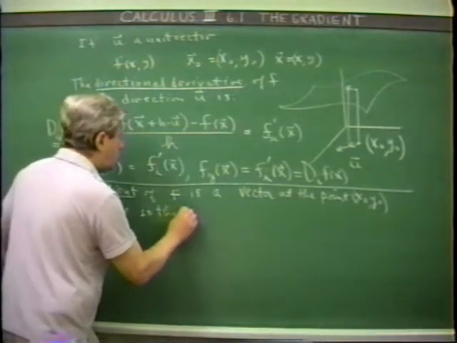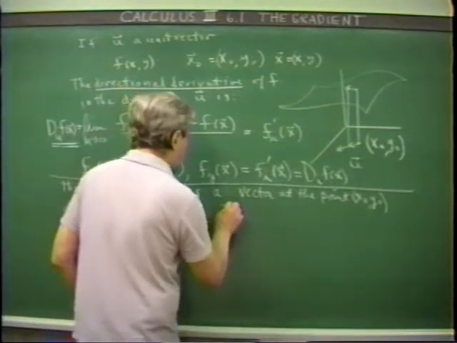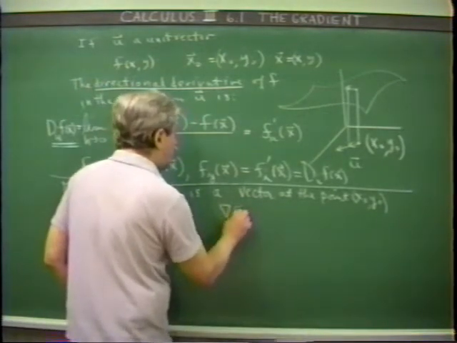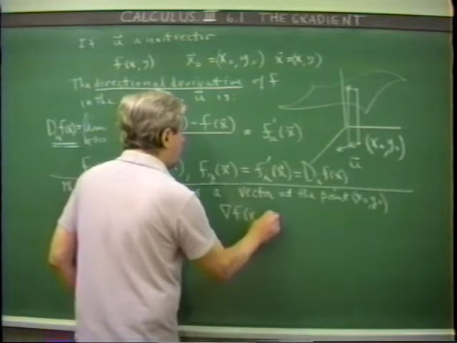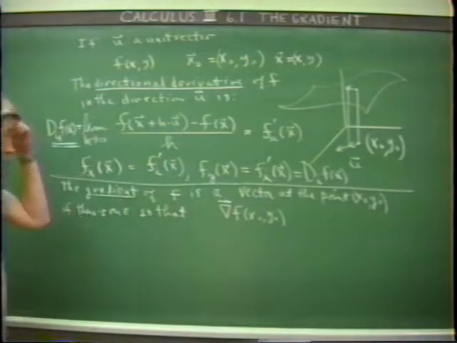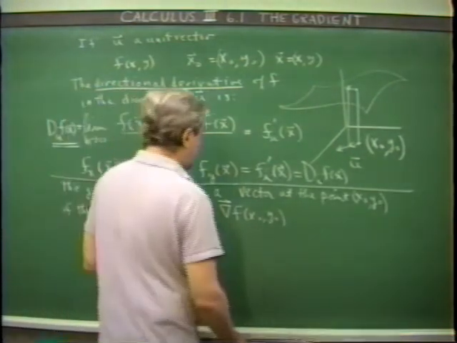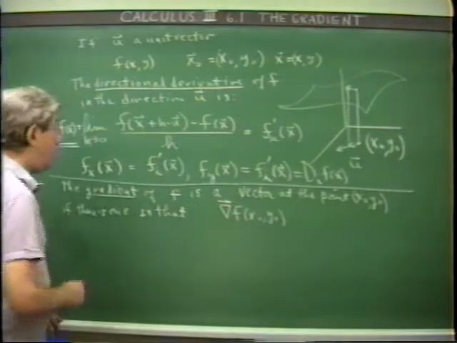It's written gradient of f at x naught, y naught, and you can indicate this by putting a vector sign above this upside down triangle here, or you can leave it off.